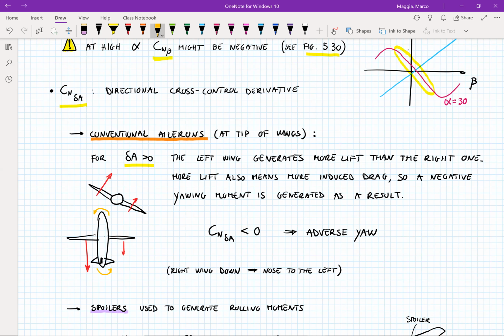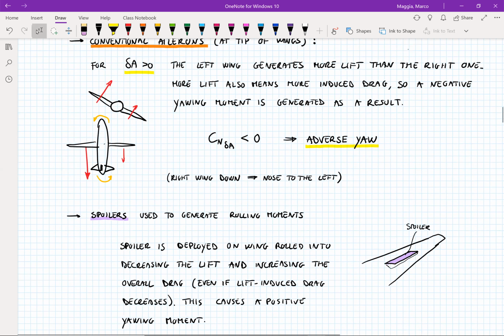So right wing down implies nose to the left. And so this phenomenon is known as adverse yaw because the nose points in the other direction with respect to the direction that we want to go.